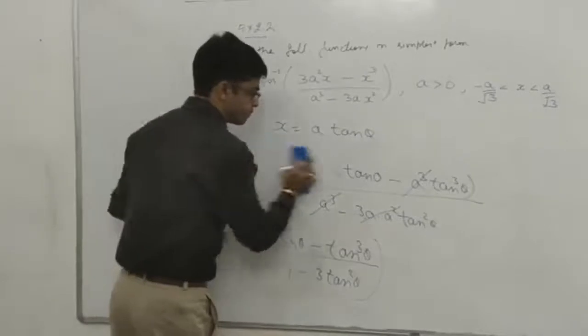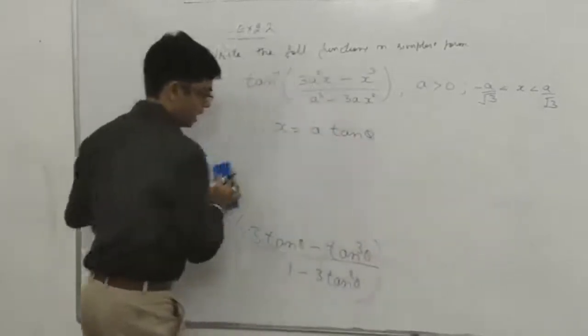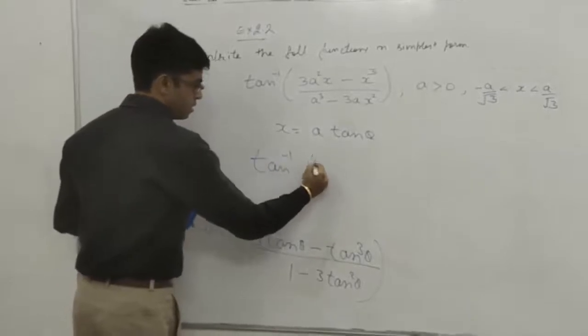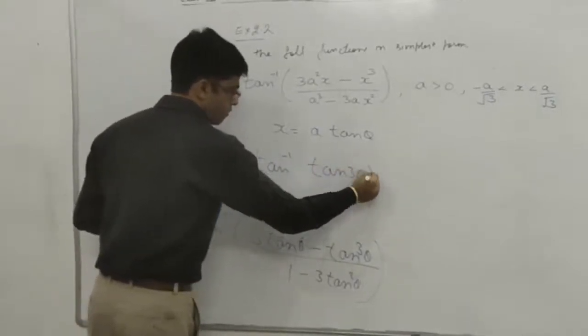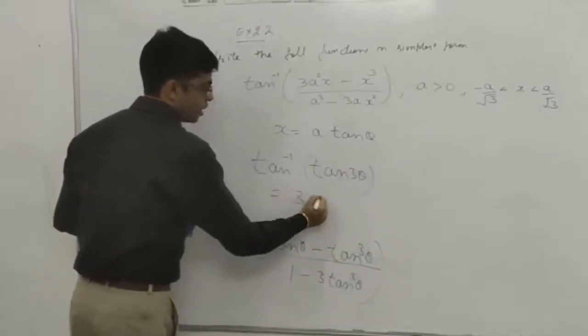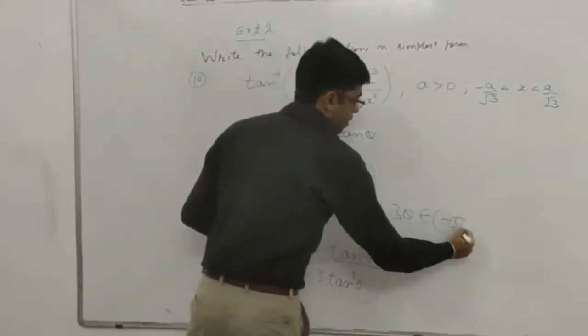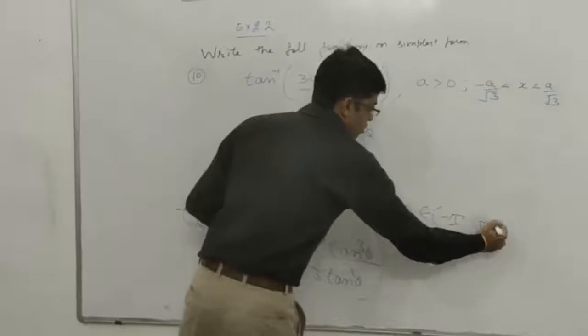So we can write this as tan inverse of tan 3θ, which is equal to 3θ, where 3θ should belong to minus pi by 2 to pi by 2.